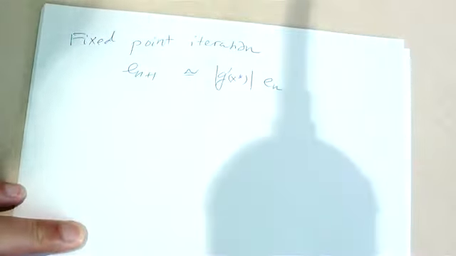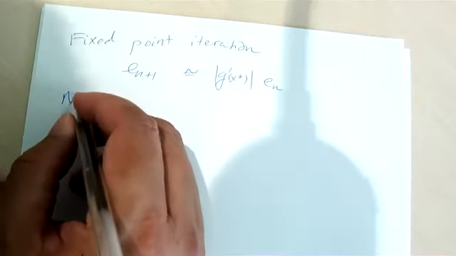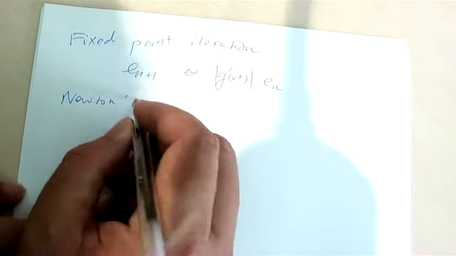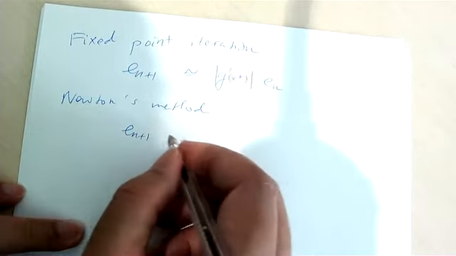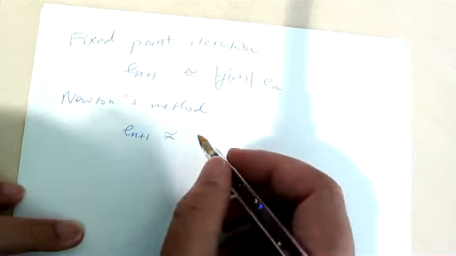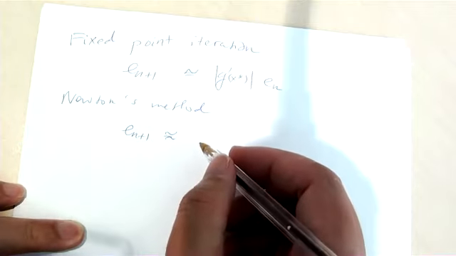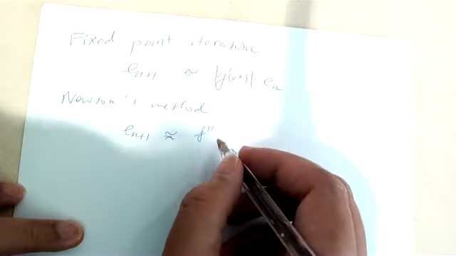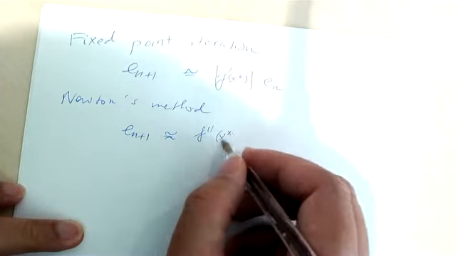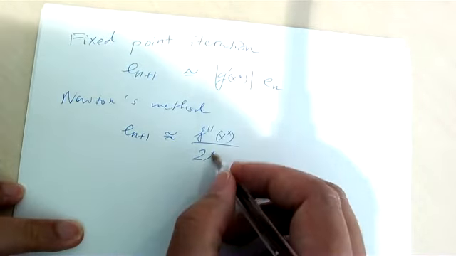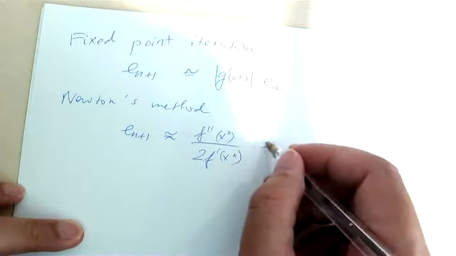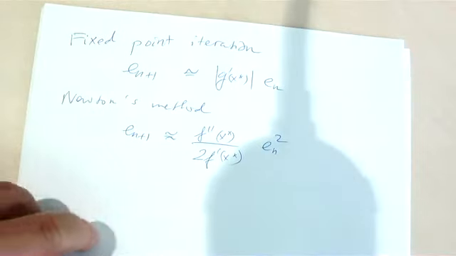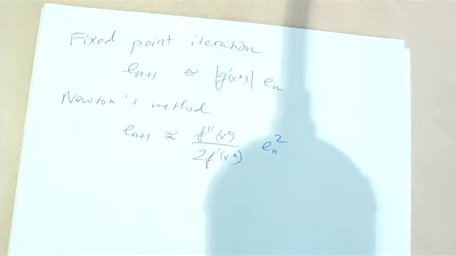Yeah? And now in Newton method, you have e_{n+1} equal something like f double prime x star over 2 f prime x star times e_n squared. Okay? So now, which one is better?